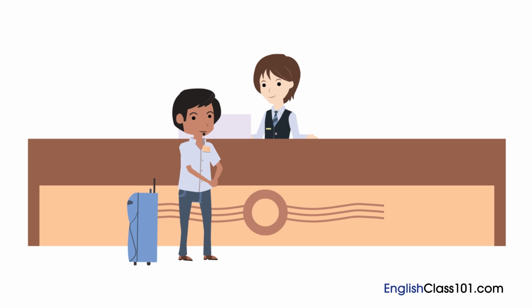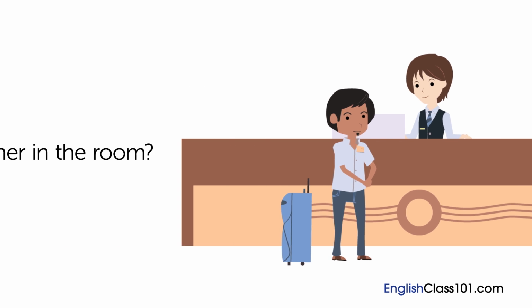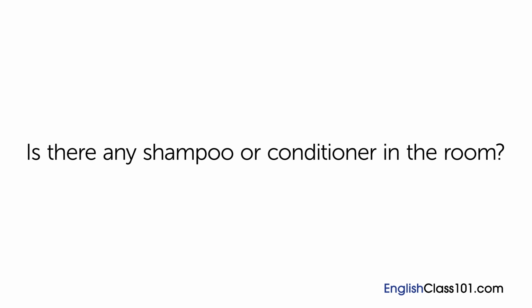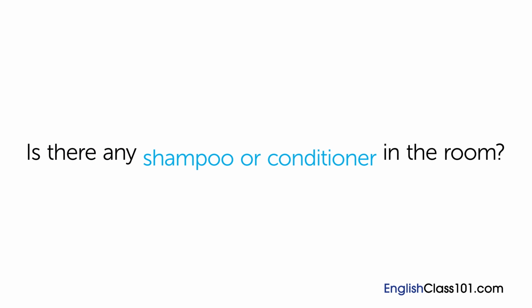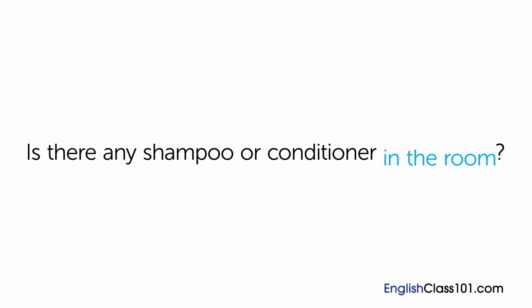Is there any shampoo or conditioner in the room? First is the phrase, Is there any, next is the phrase, shampoo or conditioner, and last is the phrase, in the room? Together, it's, Is there any shampoo or conditioner in the room?